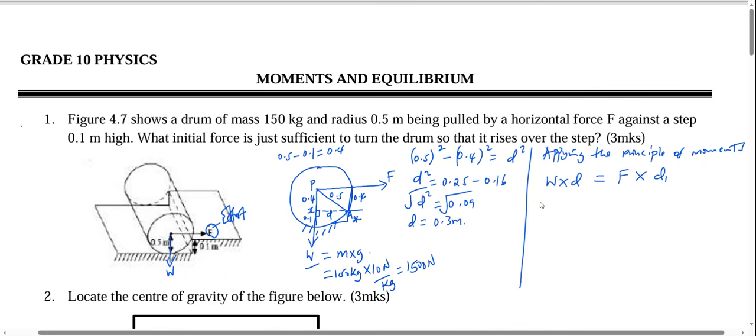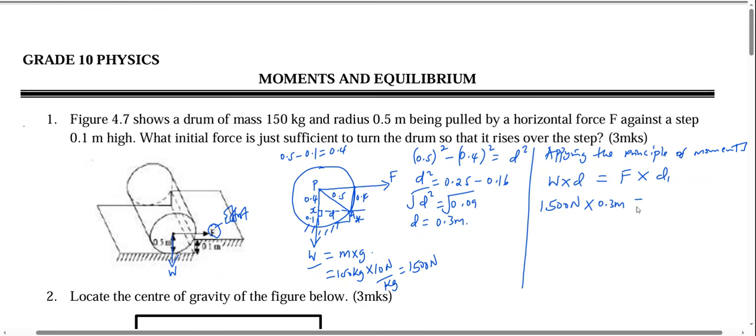For that case, we have the weight 1500 Newton times its distance, which is 0.3 meter, is equal to F times the distance, which is 0.4 meters. It's acting along the 0.4 meters.